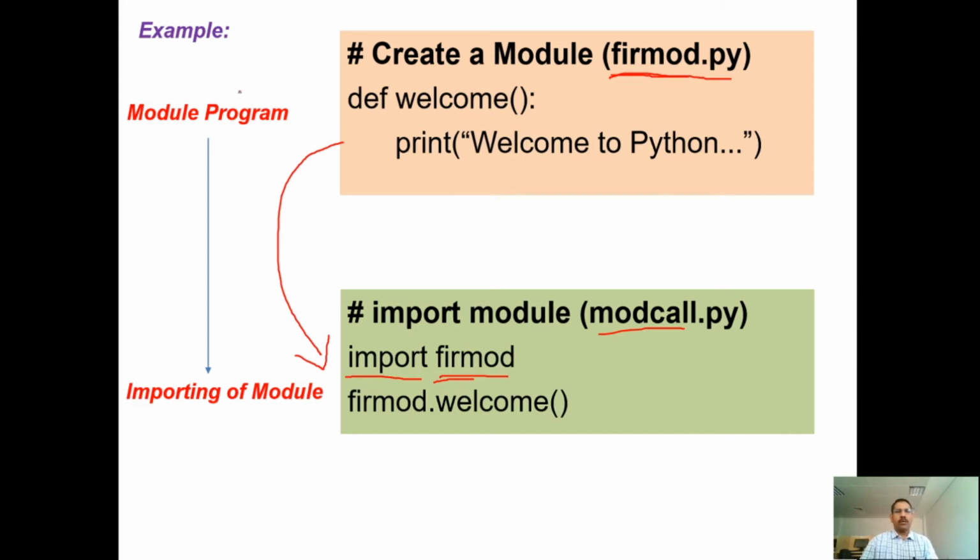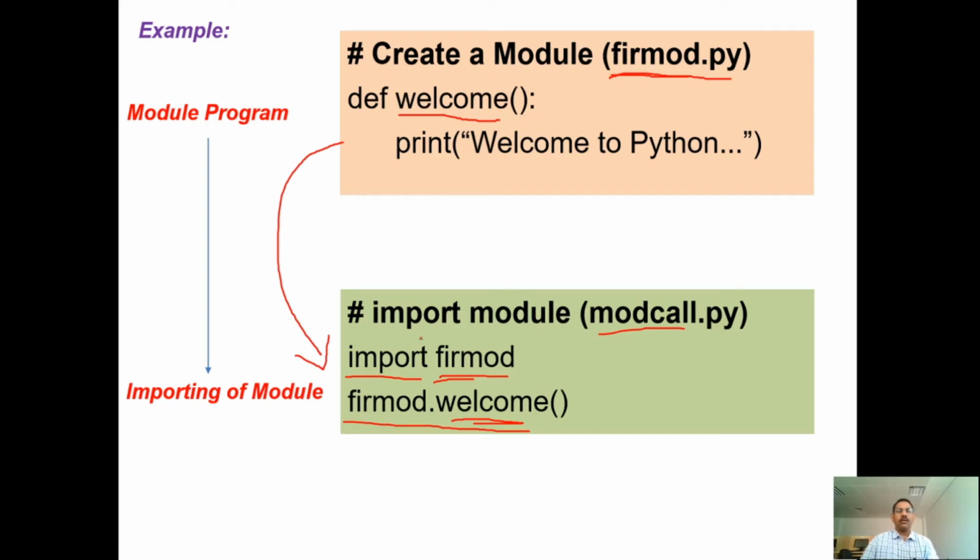So this is the first step. Now come to the second step. What is the second line in the second file? Fir mod, as we know very well, is the name of the first file. Now we are going to access a function from that first file, so dot welcome. Welcome is a function in the first file.